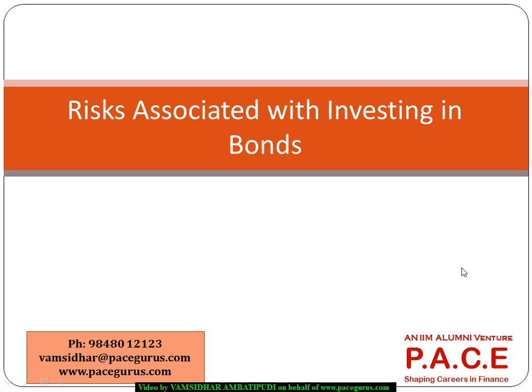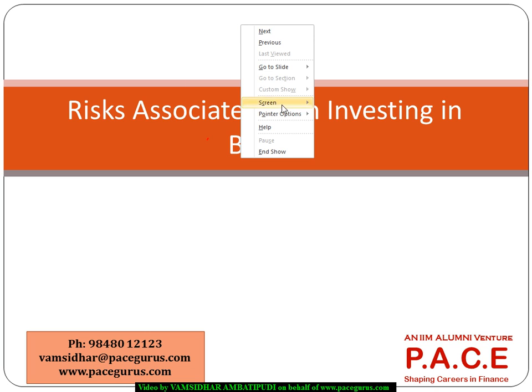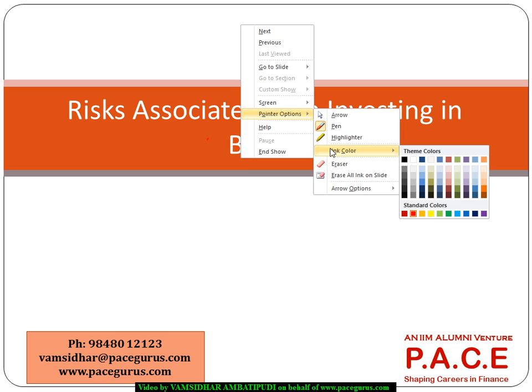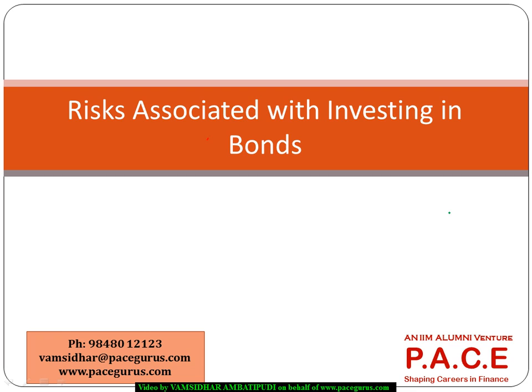In this session, our focus is majorly on this: when we are investing in fixed income securities, there are lots of risks associated, like interest rates may fluctuate and our bond value may go down.